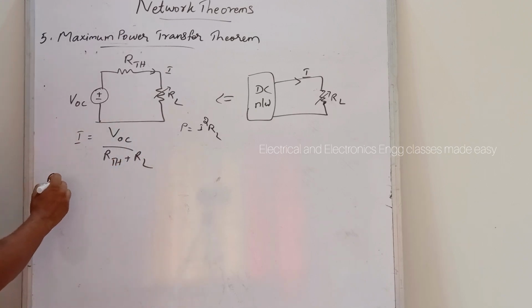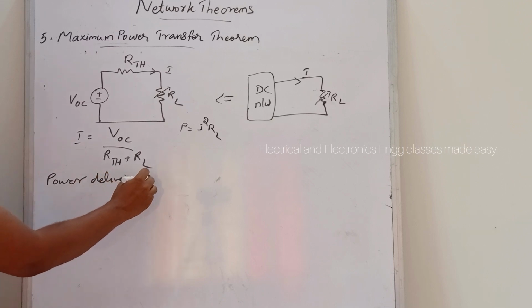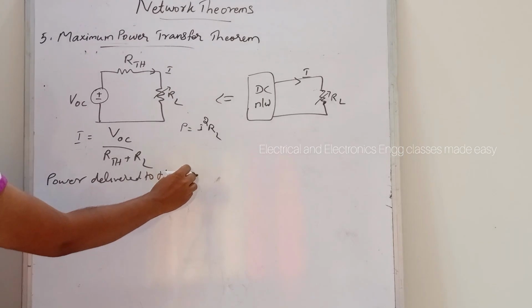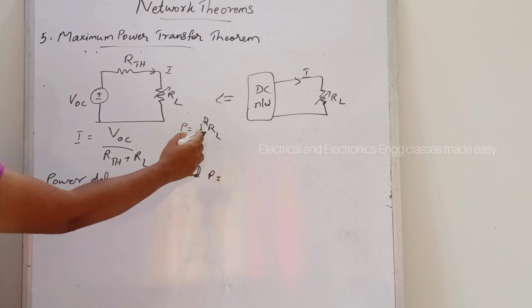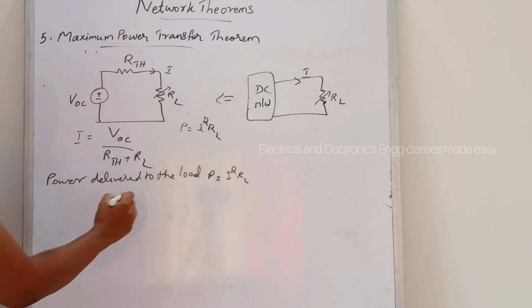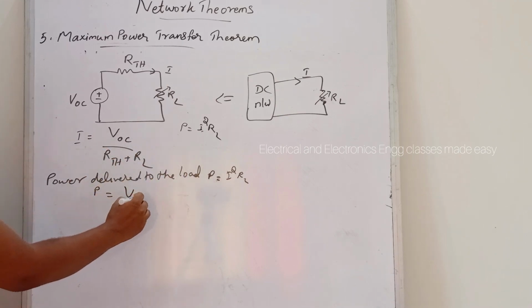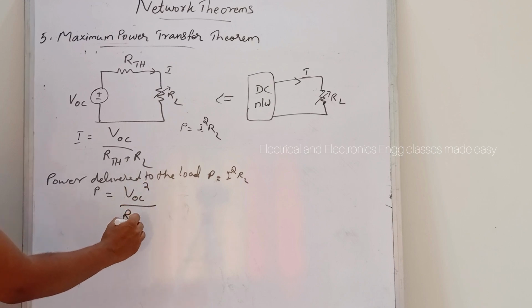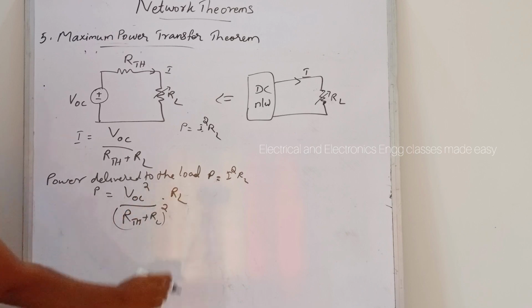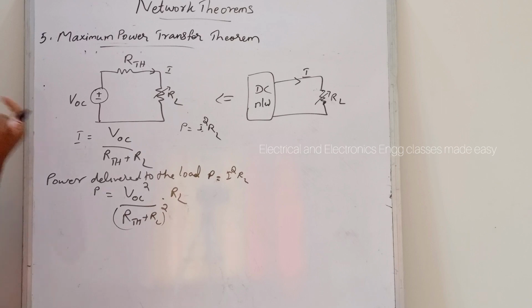Then the power delivered to the load is P equal to I square into RL. So P is equal to VOC square divided by RTH plus RL the whole square, into RL. This is the value of power delivered to the load.